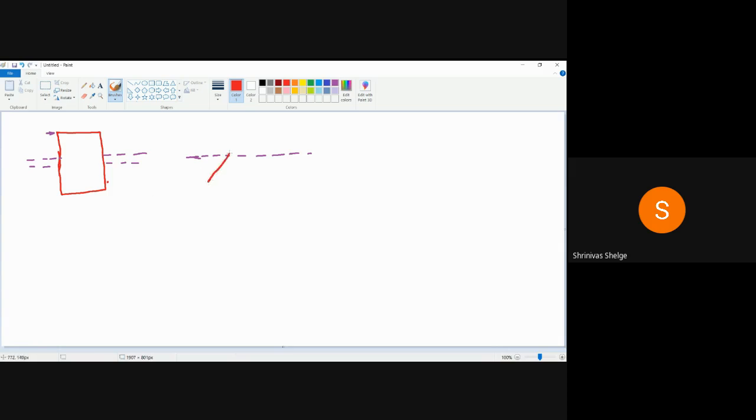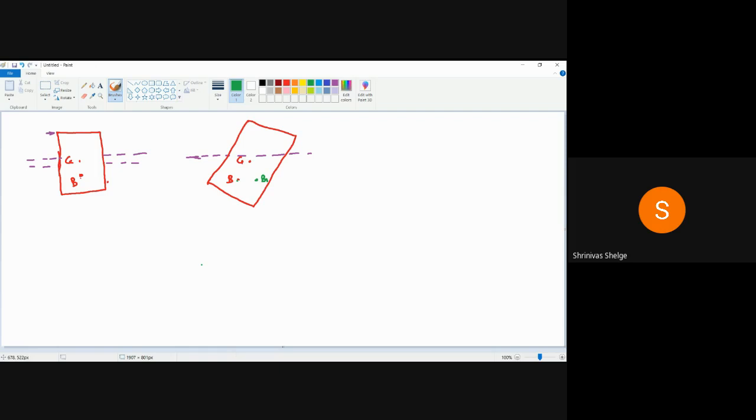Somewhere here you will find the center of gravity G, and somewhere here the center of buoyancy B. Due to the displacement, this B gets shifted, because now the submerged portion is different, and suppose B shifts to this position, B1.